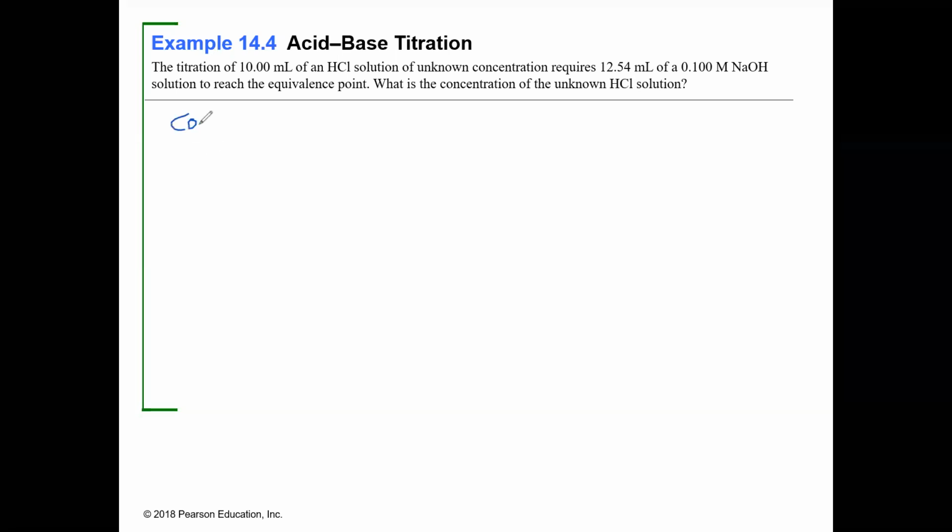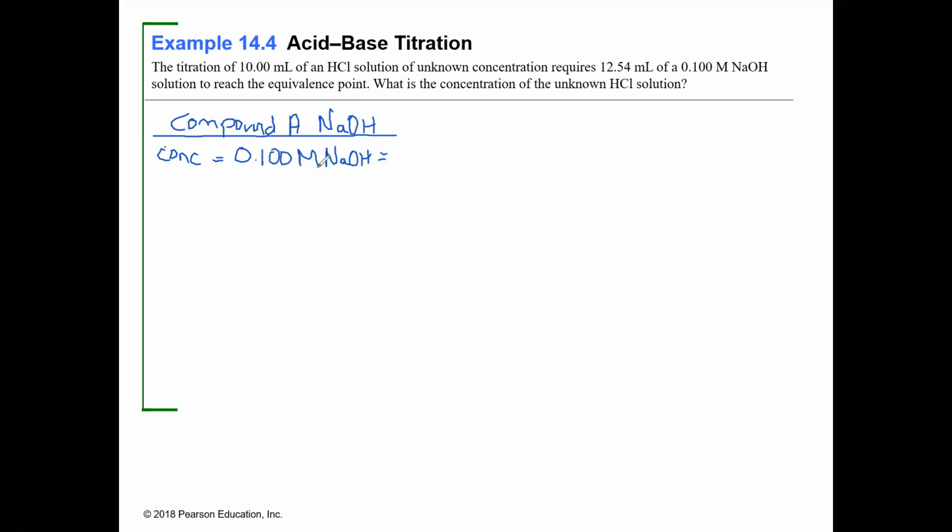Compound A in this situation is what we have more information on. It's the NaOH. So let's put NaOH. And what do I know about it? Well, I know its concentration. So its concentration is 0.100 big M NaOH.